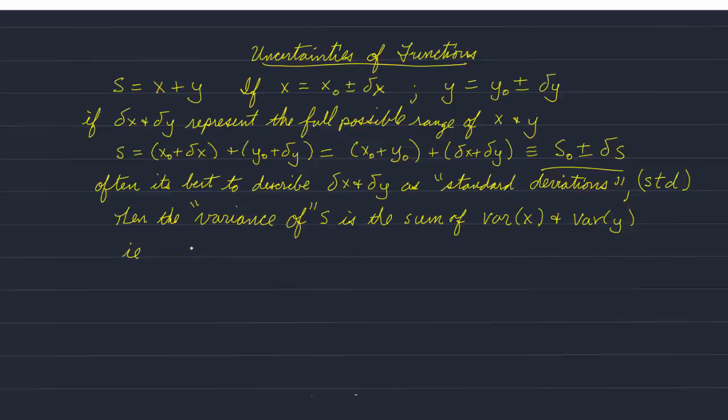That is, the variance, which is the square of the standard deviation of S, is equal to delta x squared plus delta y squared.